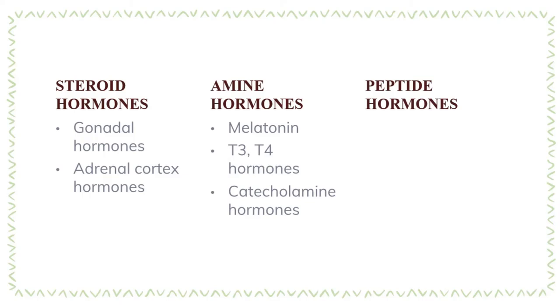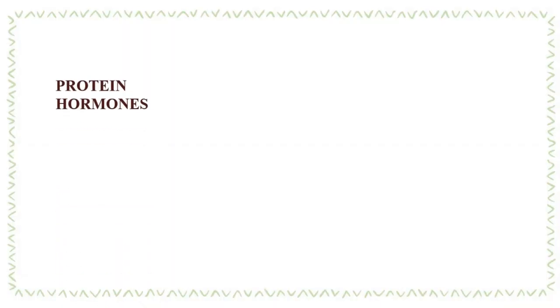These hormones are made up of only a few amino acid residues and they usually present themselves in the form of linear chains. For example, oxytocin and vasopressin. Protein hormones. These hormones are built up from a large number of amino acid residues, such as insulin, glucagon, and somatotropins.